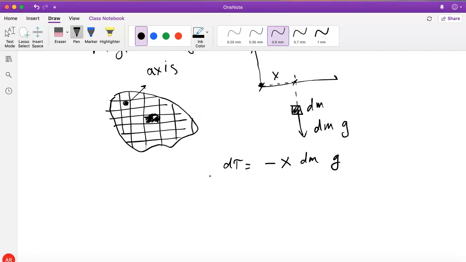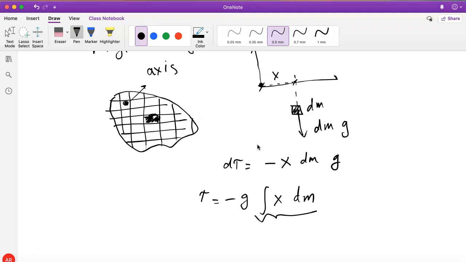If I add all of these torques, I find the total torque to be an integral. Let me just factor out the g from that integral. So minus g, an integral of x dm. But that screams that we have a definition of the center of mass here.